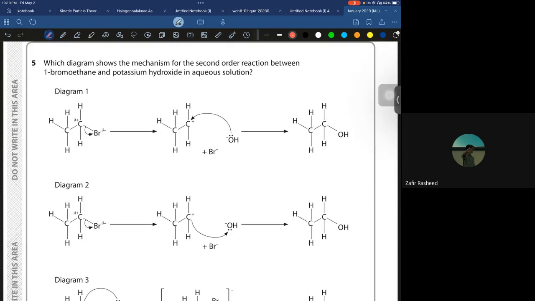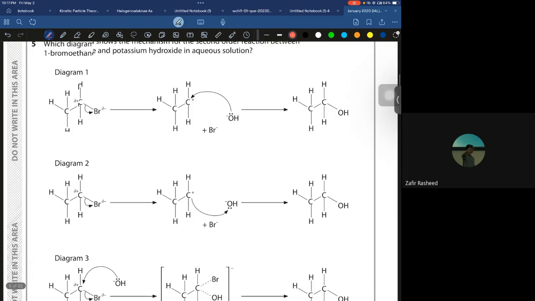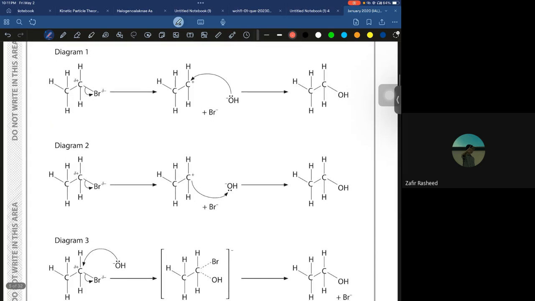Okay, and then question 5. Which diagram shows the mechanism for the second order reaction between 1-bromoethane and potassium hydroxide in an aqueous solution? 1-bromo means that it would be a primary halogenoalkane. So which diagram is correct?